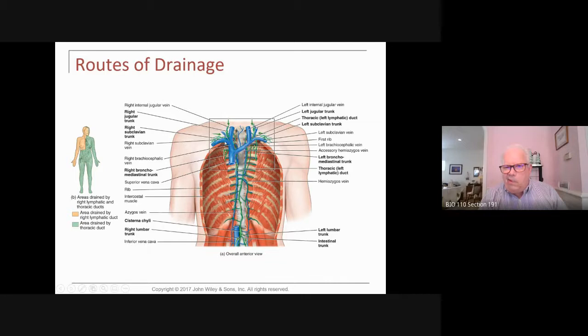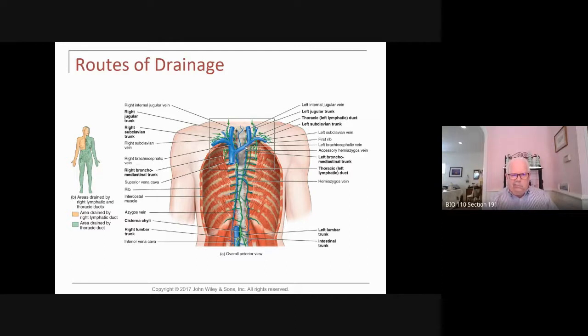The right subclavian vein on the right and the left subclavian vein on the left. The subclavian veins are the pathway for the lymph ducts to put the lymph fluid into the bloodstream. That's where the two systems meet.